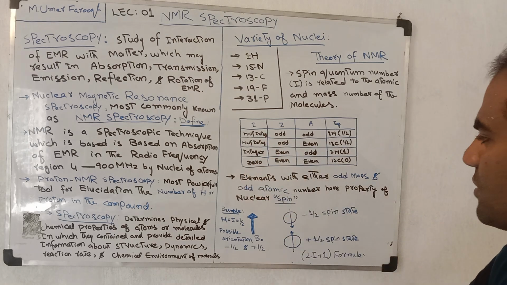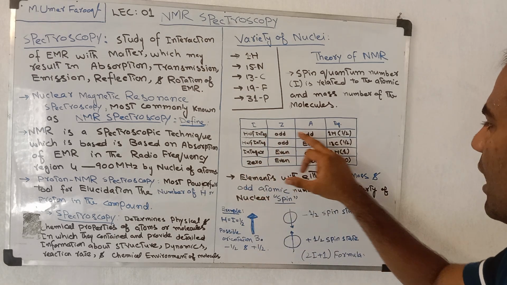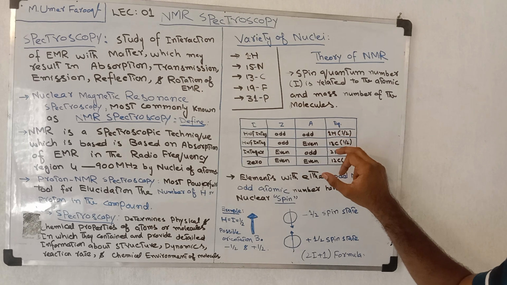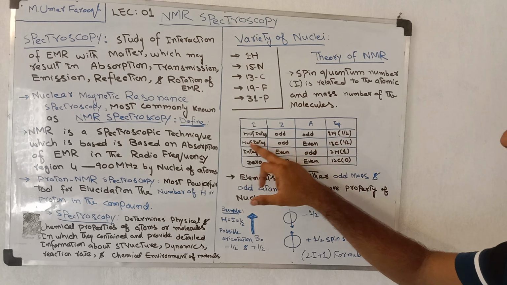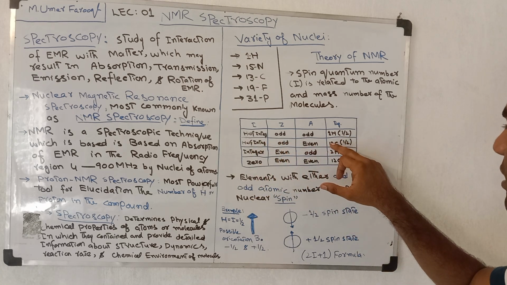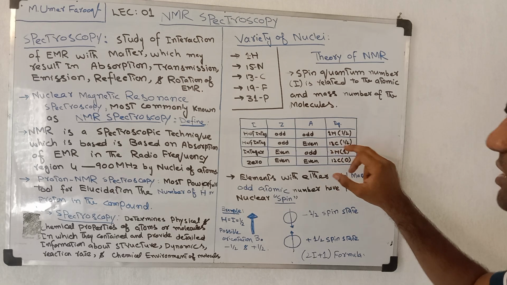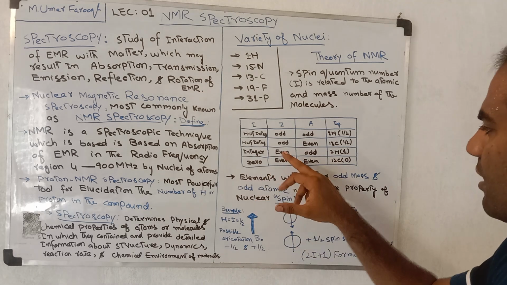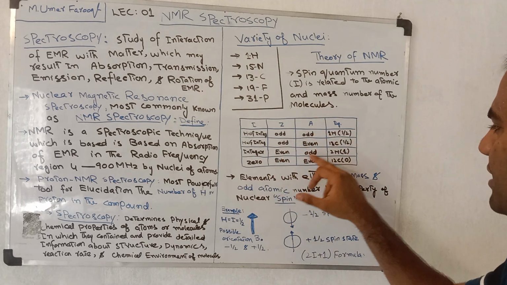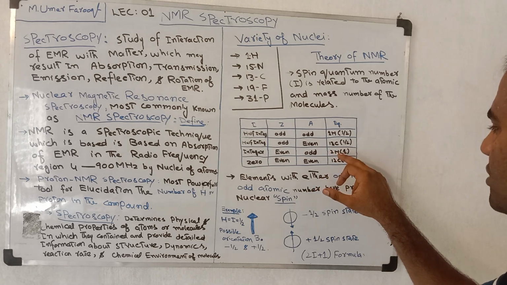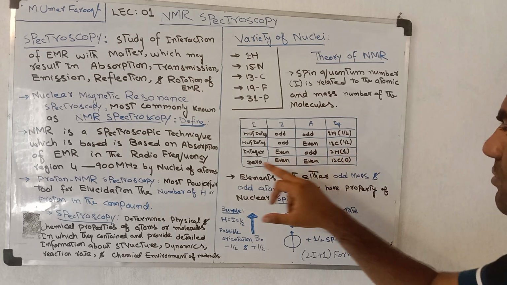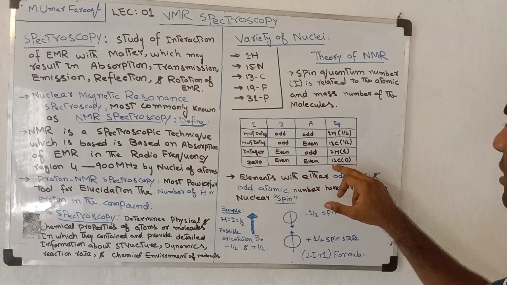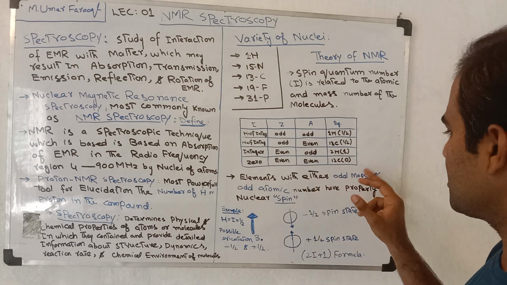If I is a half integer, with A odd, then it shows 1/2 spin, for example 13C. If the spin quantum number is an integer, with Z and A odd, then for example 2H and 14N. If I is 0, with Z and A even, like carbon-12, it cannot be detected.